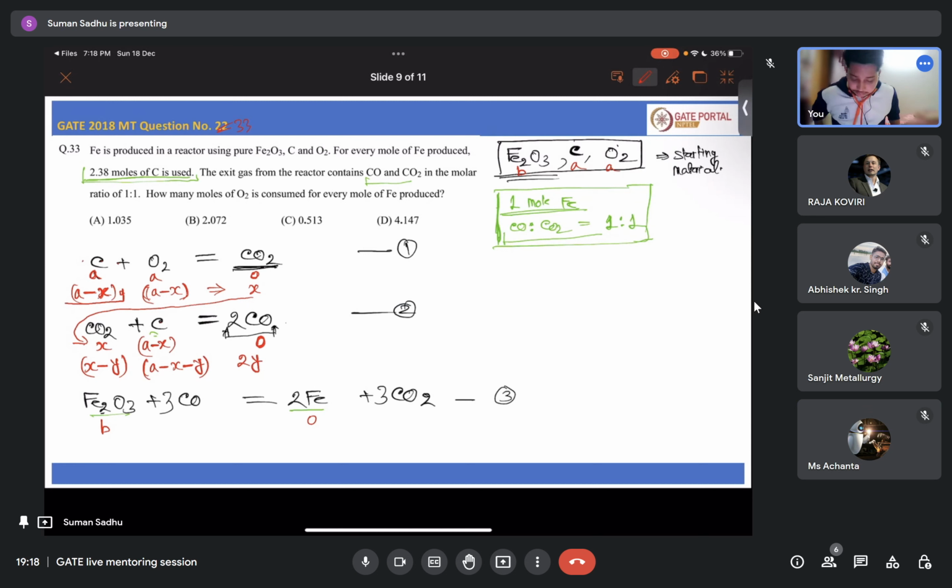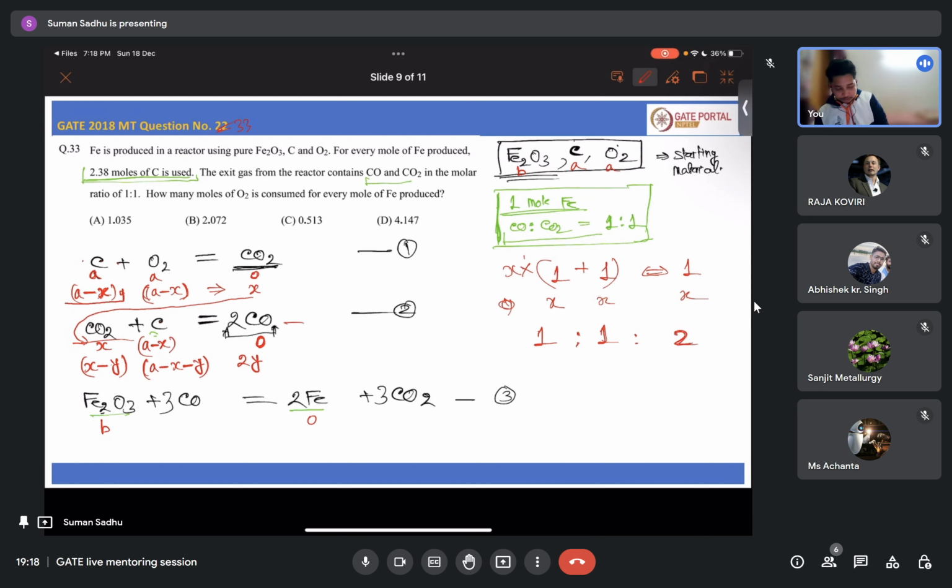You have 1 mole of something plus 1 mole reacting, giving a product of 1 mole. Now you multiply this with x or y, whichever I am considering. So x mole will react with x mole and form x mole. Now for this equation, the ratio is 1 is to 1 is to 2. So 1 mole is reacting with 1 mole and forming 2 mole.